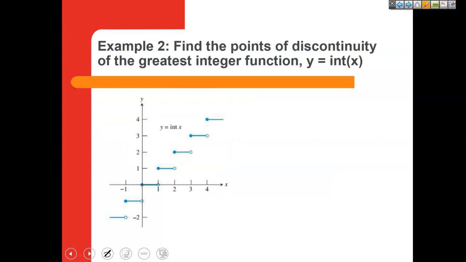Okay, in this example here, we have the greatest integer function. It says find the points of discontinuity of the greatest integer function. And then we want to discuss, does this have points in which it's continuous from the left or continuous from the right? The greatest integer function is discontinuous at every integer because of jump.